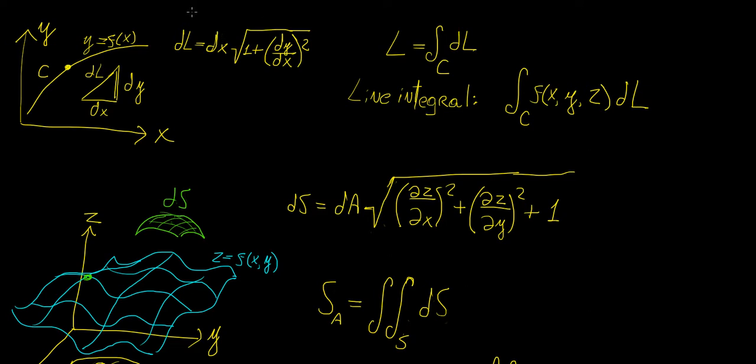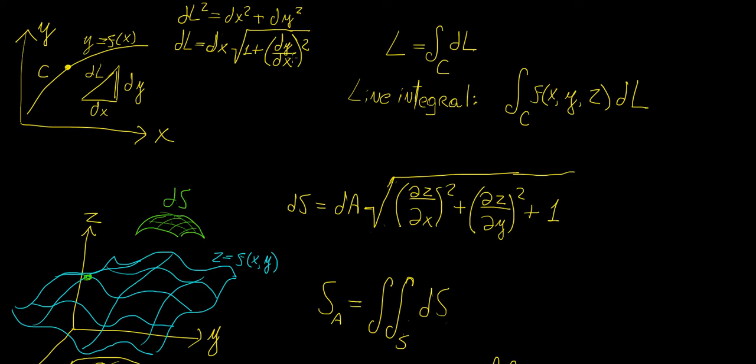If you write the relation dl squared equals dx squared plus dy squared, then you can divide both sides by dx squared, rearrange everything to solve for dl, and then you get your element of arc length in terms of dx, because this is more convenient if the curve is represented as a function of x like we have here.